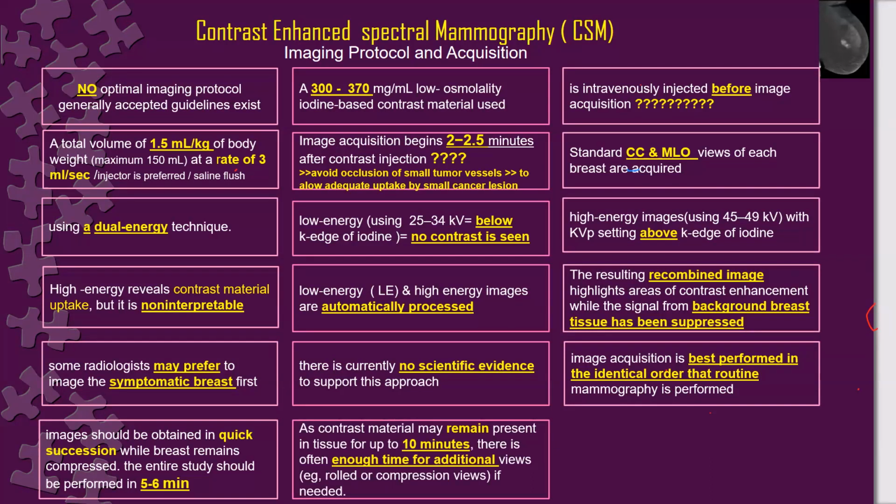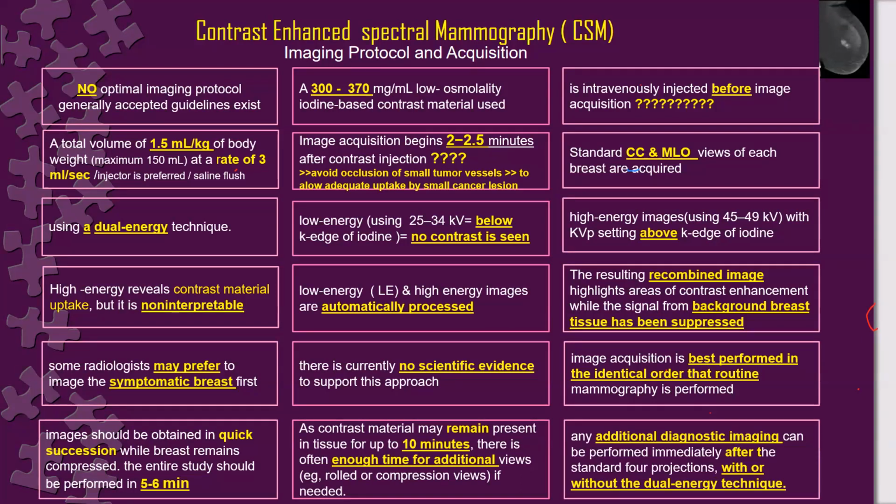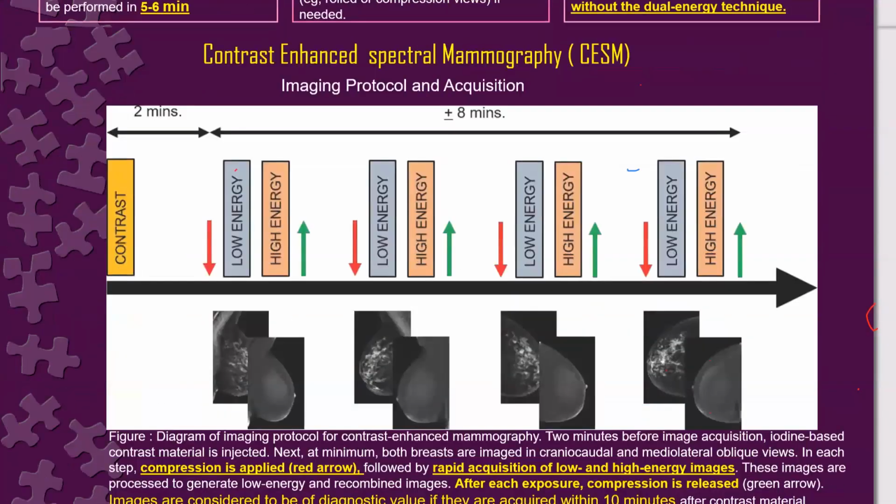As contrast remains for 10 minutes, there is enough time for additional views, and any additional diagnostic imaging should be taken after completion of the standard views. These additional views can be performed with or without the dual energy technique.